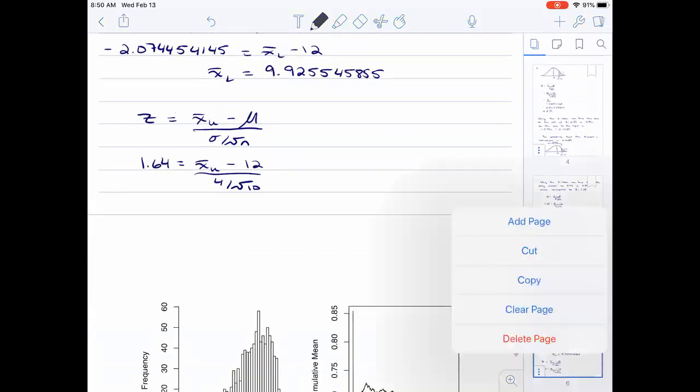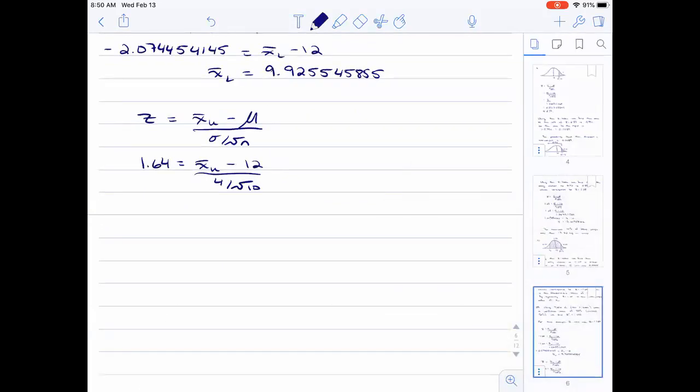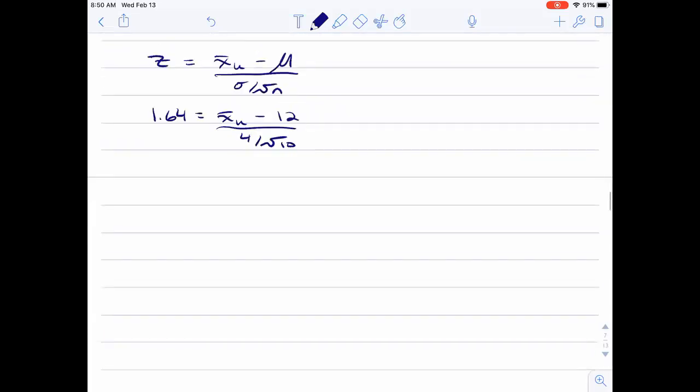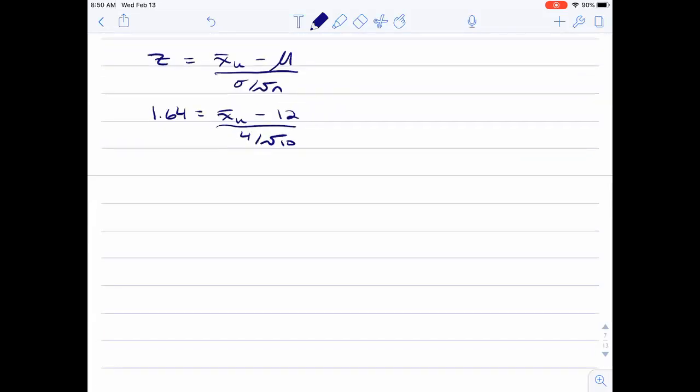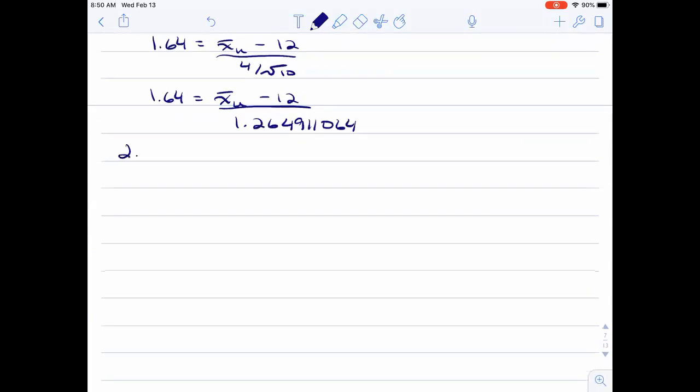So 1.64 is X bar upper minus 12 over 1.264911064, times 1.64, gives 2.074454145.